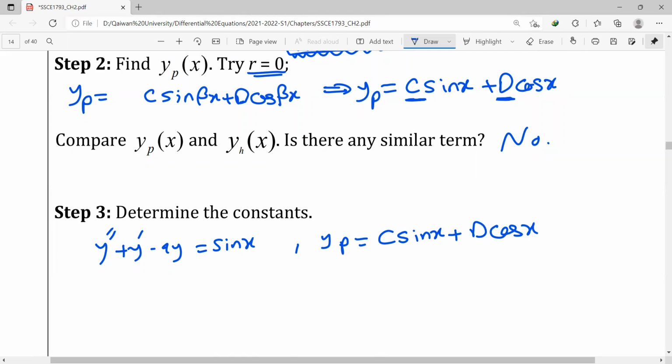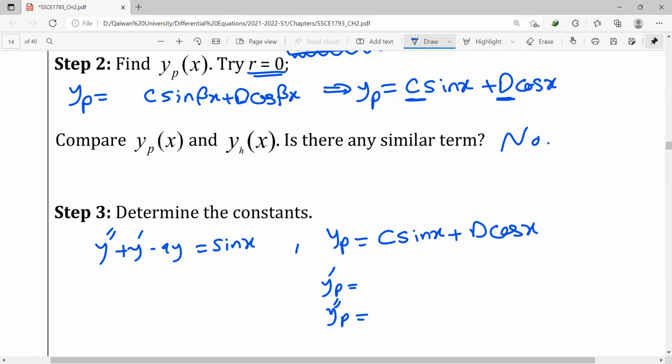We are going to find y prime and y double prime for the particular solution, the two differentiations of yp.